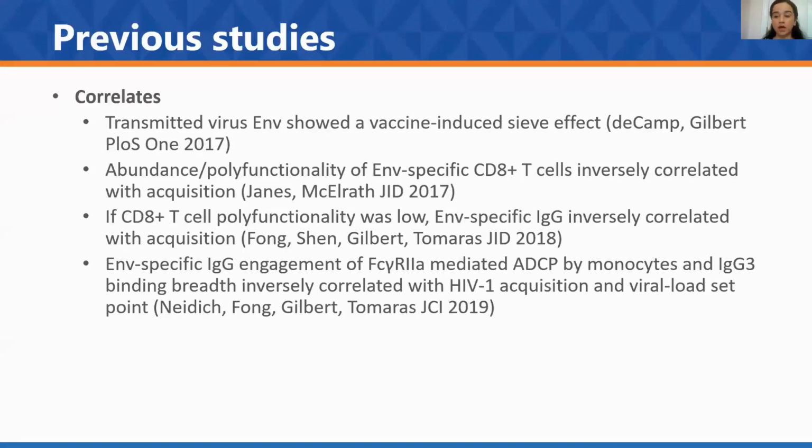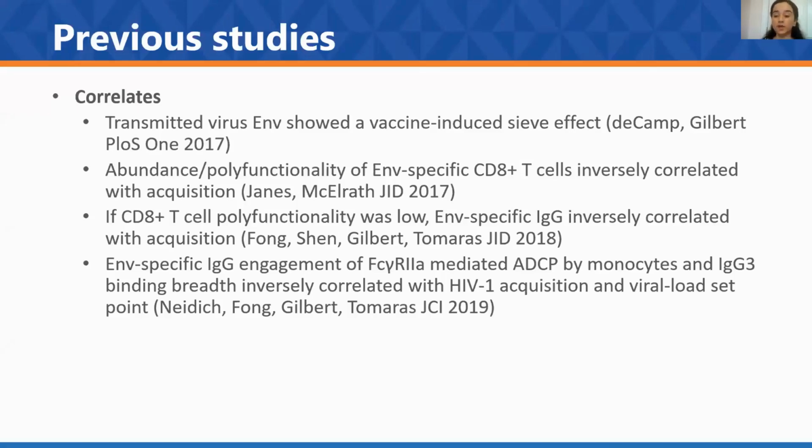But again, in order to make a better vaccine, the data was analyzed from the perspective of how the different immune functional measures are correlated with the risk of HIV acquisition in the presence of this vaccine or treatment. The correlates analyses done earlier in this study looked at the transmitted virus and showed a vaccine-induced sieve effect.